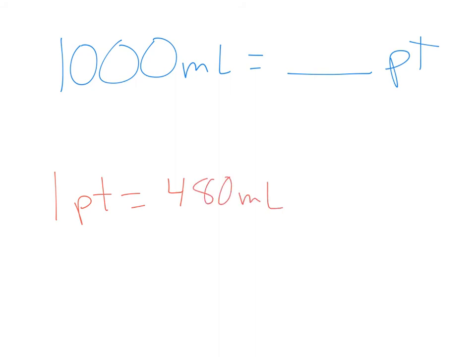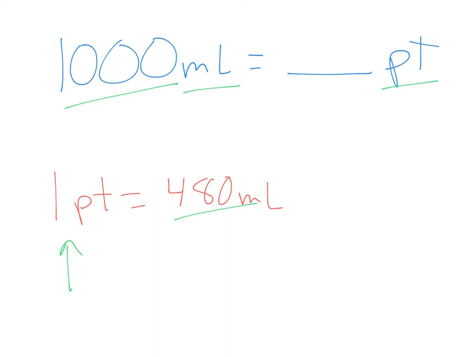In my equivalent, the pint is the 1, so pints is the larger unit out of these 2 units. In my question, I'm going from my smaller unit to my larger unit, and smaller to larger, we know we divide. So I take 1,000 and divide it by 480.